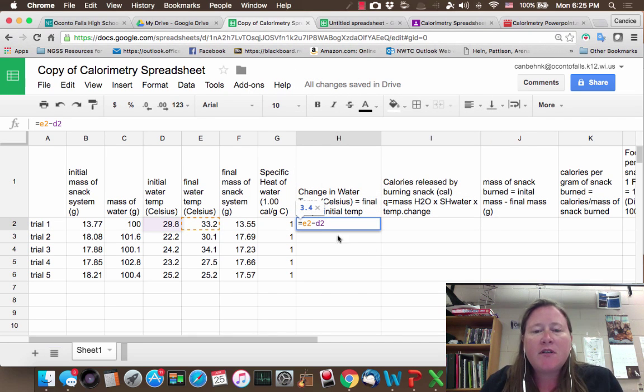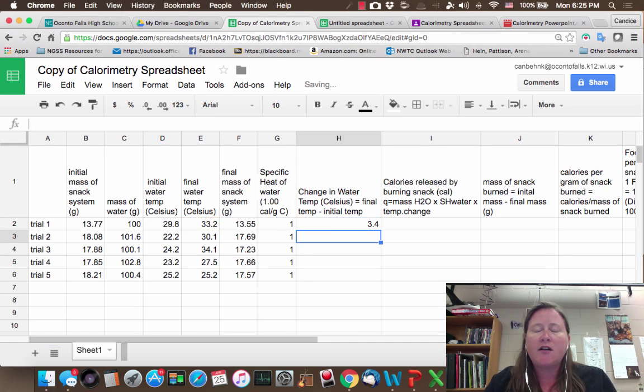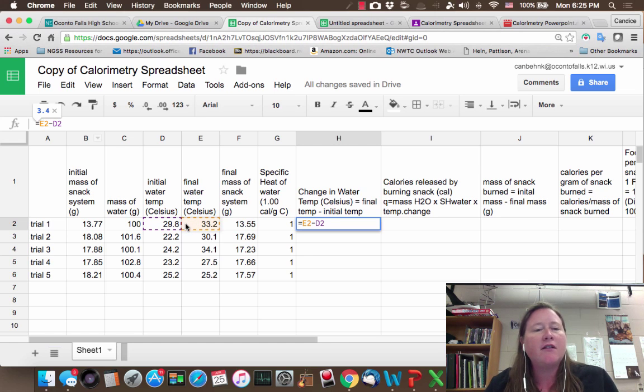I've typed the equation right in there, and when you click enter, the number is put there for you. Again, if you click in the cell up here, you can see the equation is E2 minus D2. When you click on it, it highlights those numbers that are involved in this calculation.